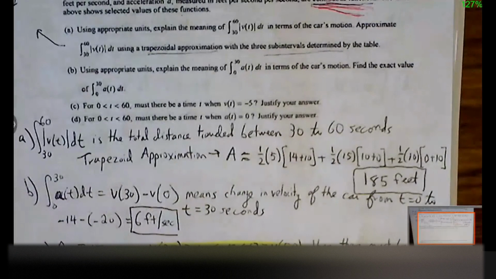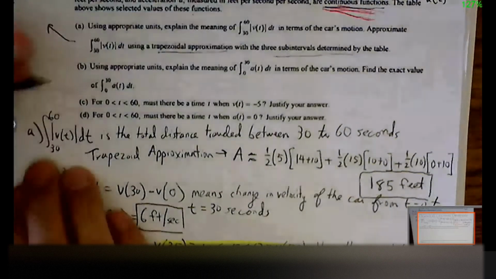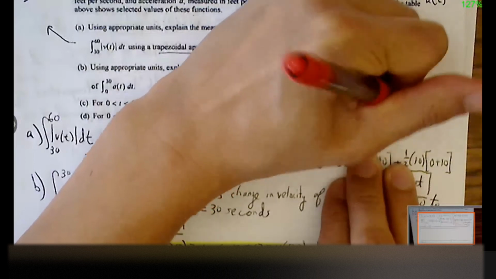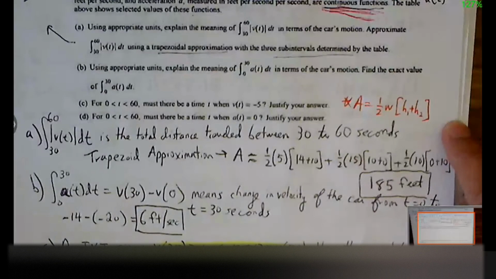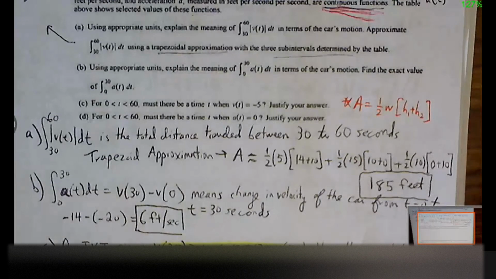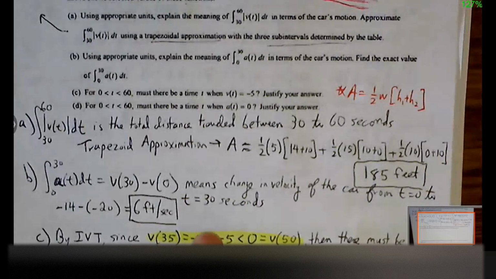And then it says use trapezoid approximation. So the trapezoid approximation formula is 1/2 width... Yeah, so we pull from a table.